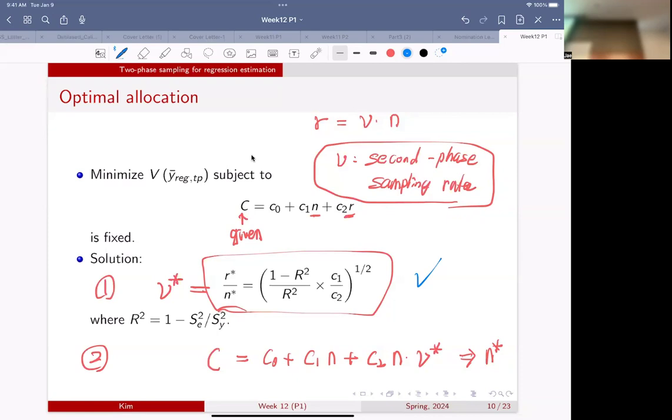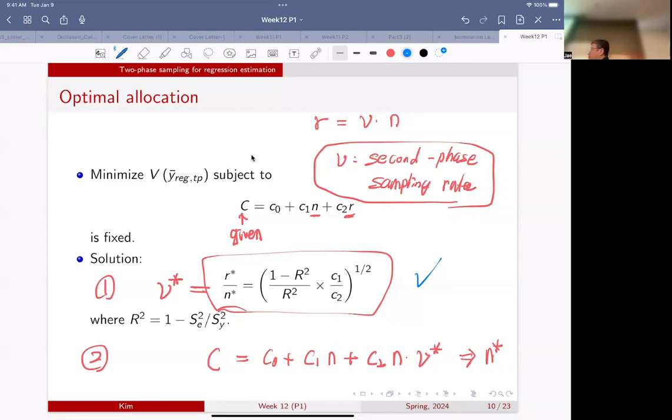Another way to see it is if R square is large, if R square is close to 1, what does that mean? That means you don't really need a lot of Y to leverage a lot of sample size in the second phase, because X is enough. X is pretty good, right?